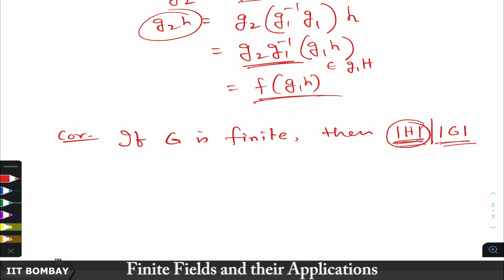So, clearly the number of elements in G is a multiple of the number of elements in H.